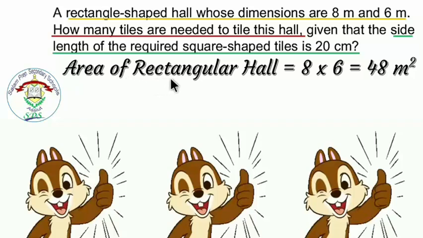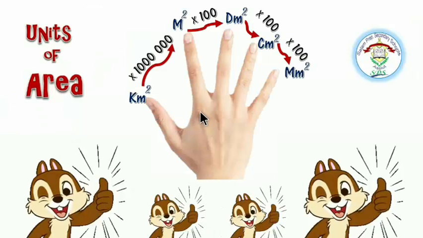Area of the rectangular hole equals length times width. The length is 8, the width is 6. So the area of the rectangular hole equals 8 times 6 equals 48 square meters. Units of area, please remember with me: square kilometer, square meter, square decimeter, square centimeter, square millimeter.